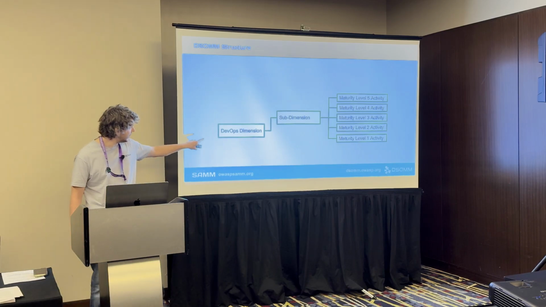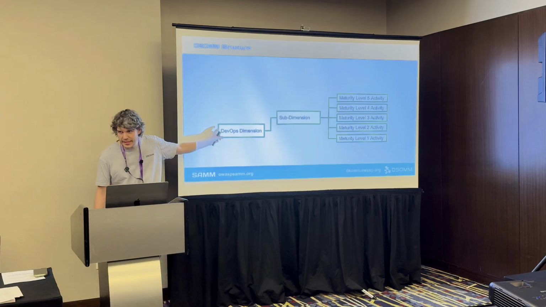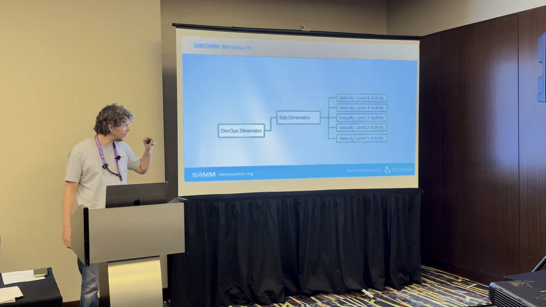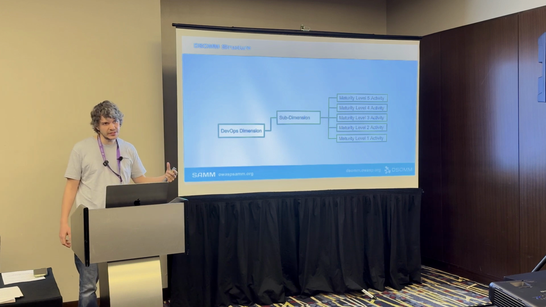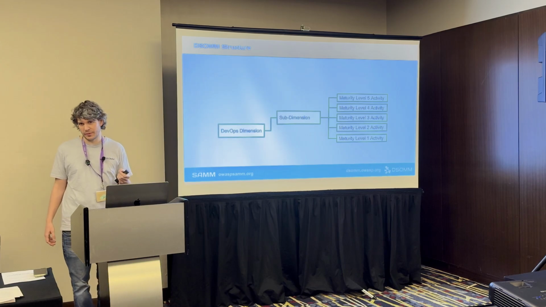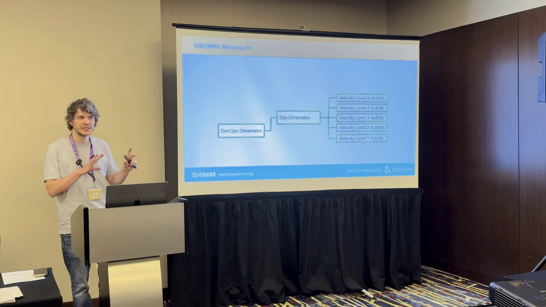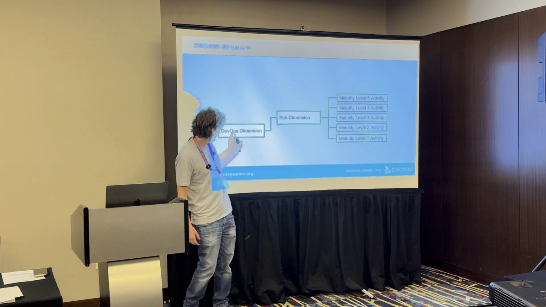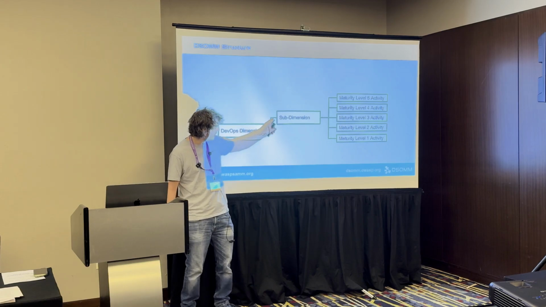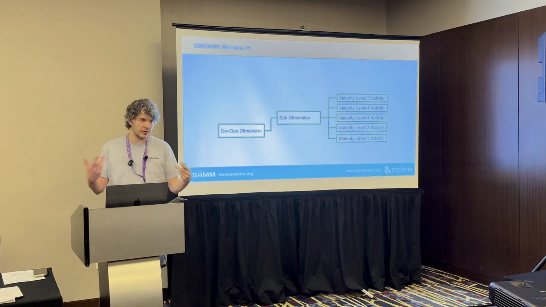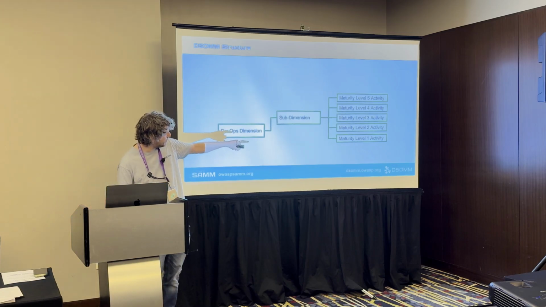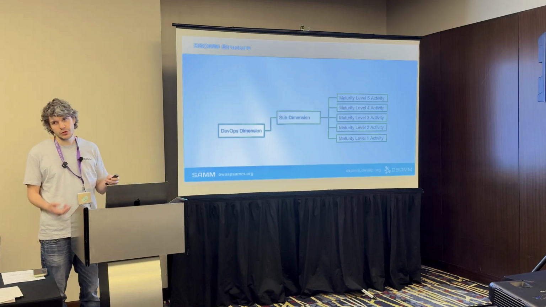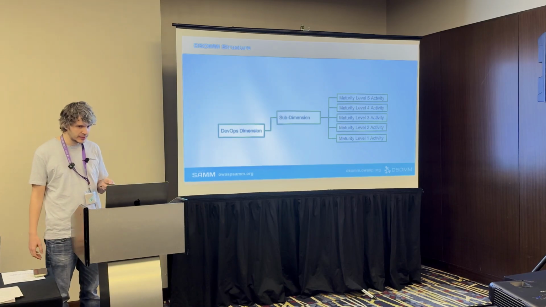You see that we have DevOps dimensions, so that's a big difference to other maturity models, because I focus on developers and operations people being able to understand the model, while from my feeling, SAMM is maybe more written by security people for security people. Under the DevOps dimension, we have a sub-dimension in order to categorize a bit better, and then we have 5 levels with multiple activities inside.